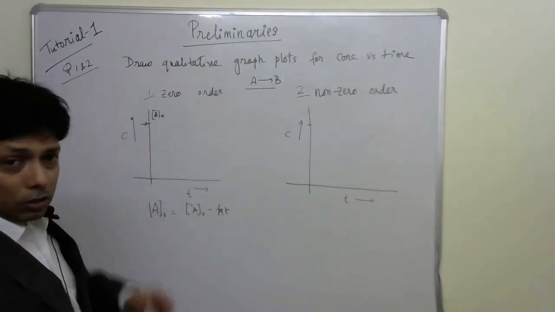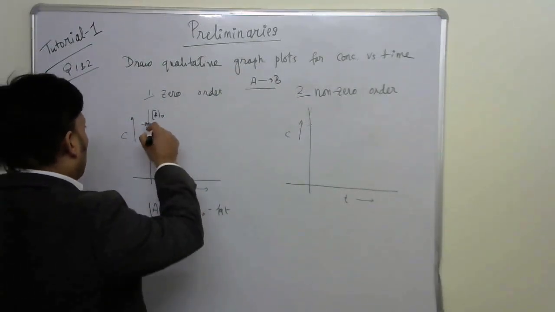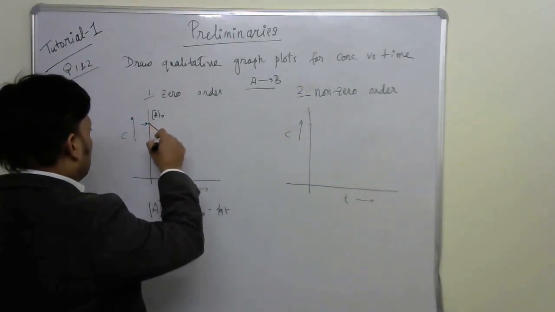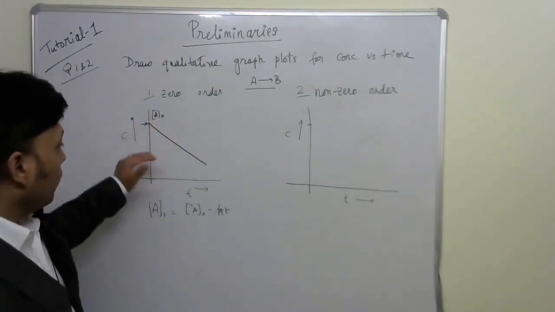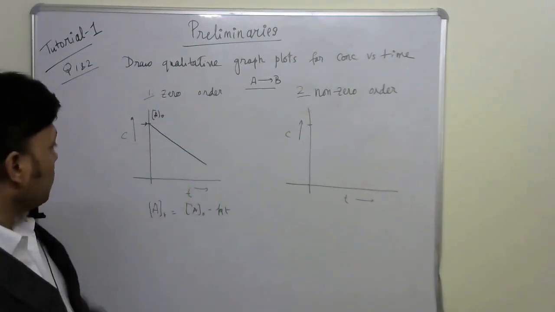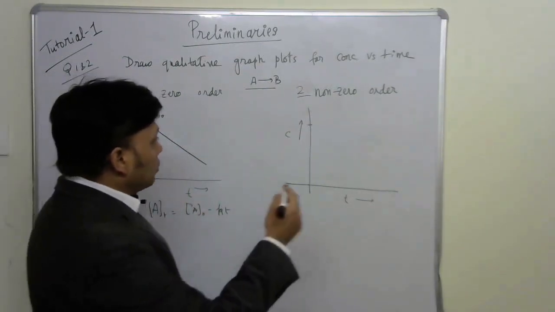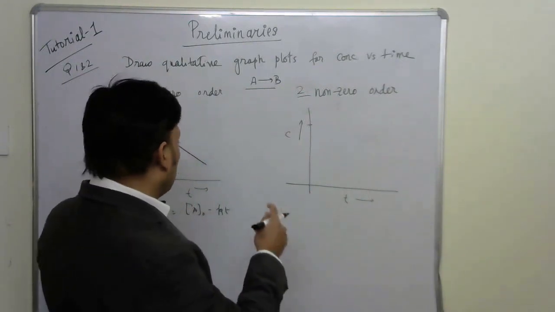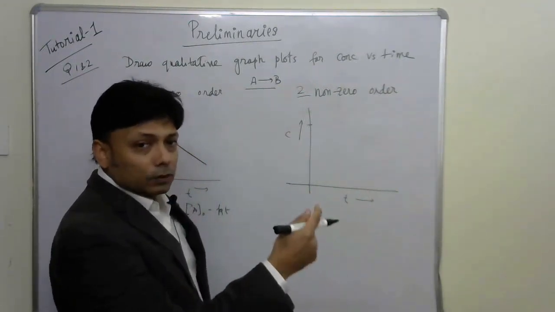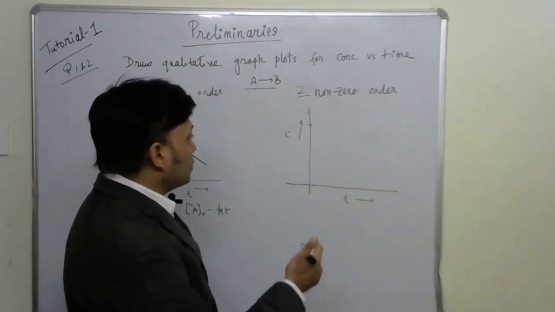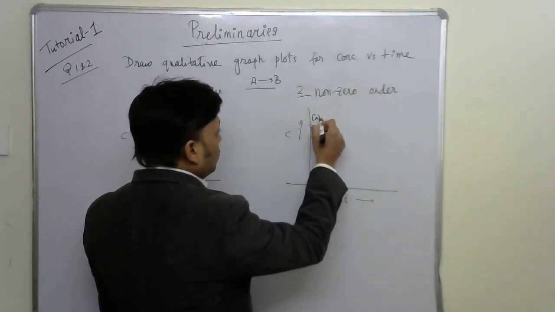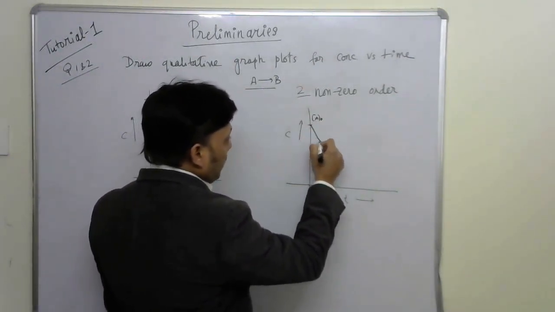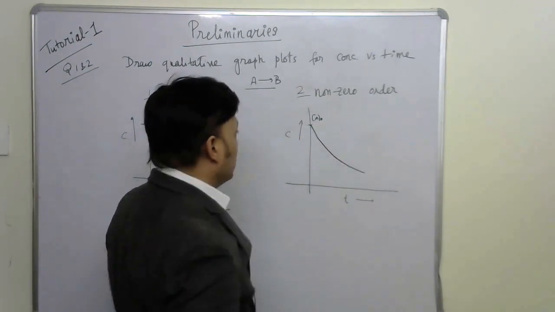The concentration would change with time following a straight line with a negative slope. But for a non-zero order reaction, since it depends on some power of the concerned concentration, if we have this as A naught, then obviously it would have an exponential decay.